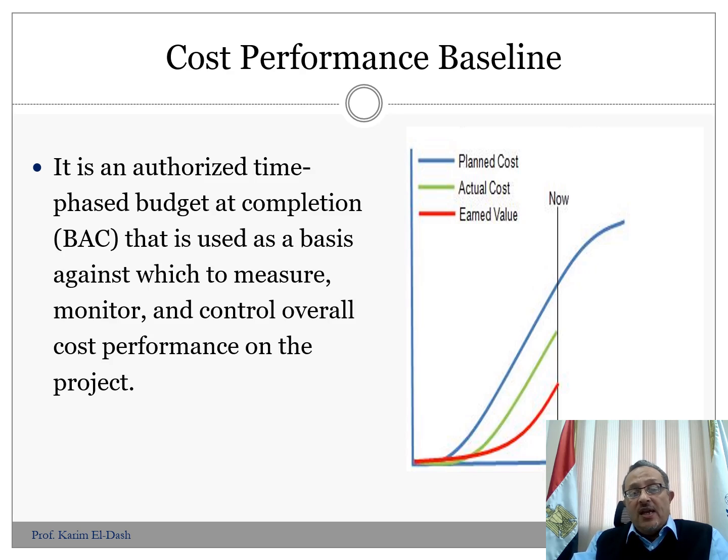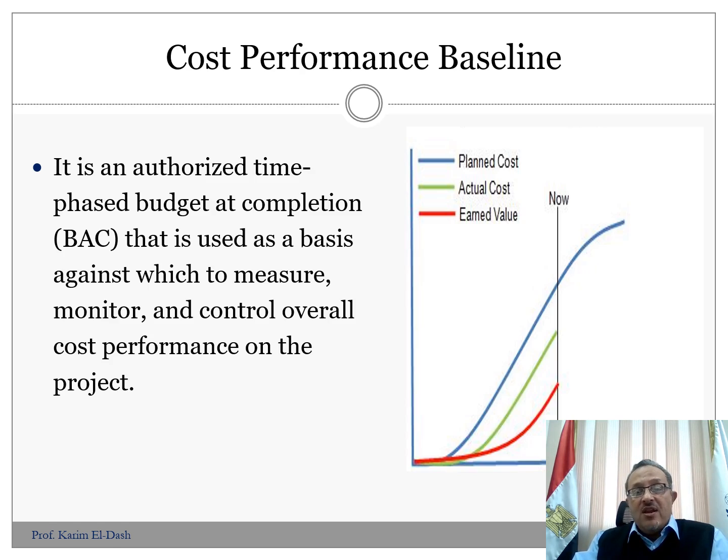This is actually the cost of the project based on time intervals: the cost on the vertical axis and the time on the horizontal axis. The blue curve, called the S curve, is the planned cost. This is the accumulated cost that should be spent over a specific period of time.